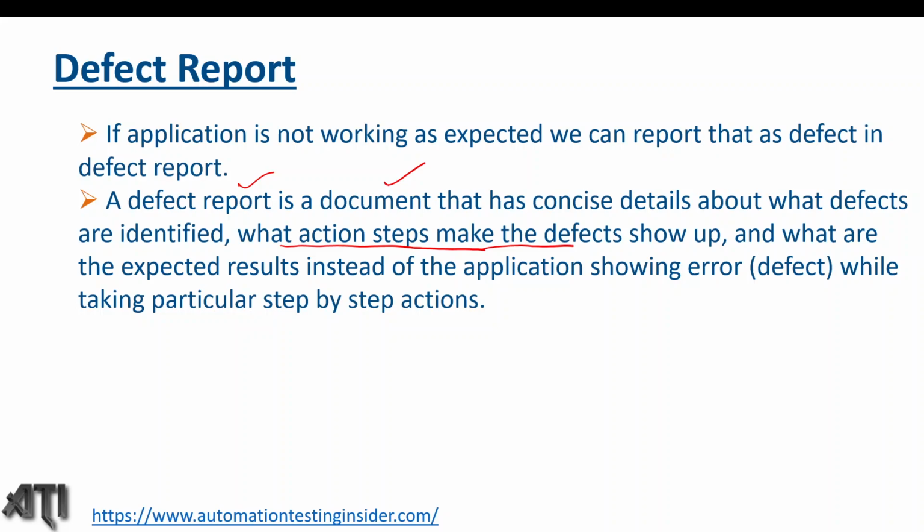So basically a defect report is a document where we talk about different details of the defect. We have to mention the defect ID, summary of the defect, status of the defect, and the reproducible steps, like what actions we perform to get that defect, correct?